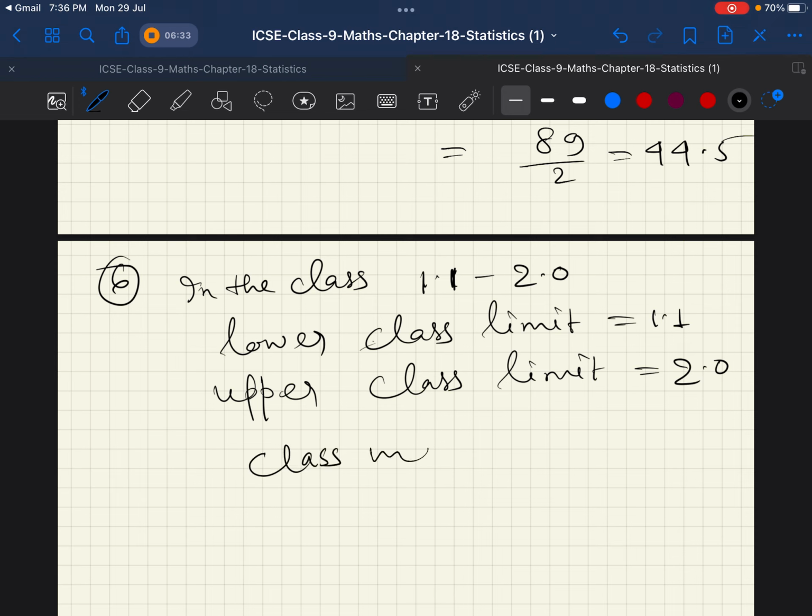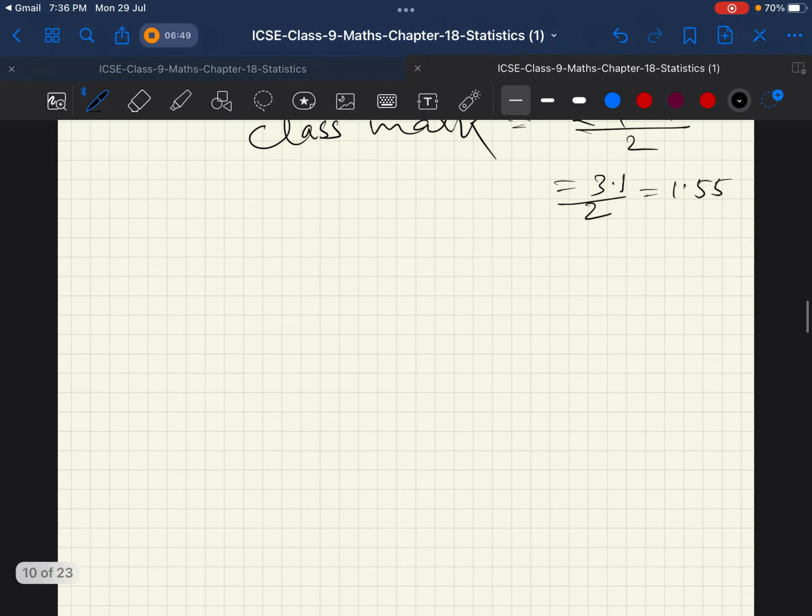And class mark will be 2 plus 1.1 by 2. This is 3.1 by 2, 1.55.